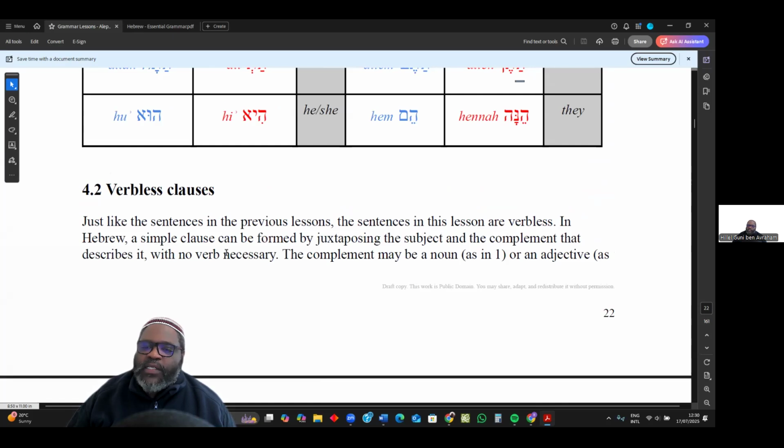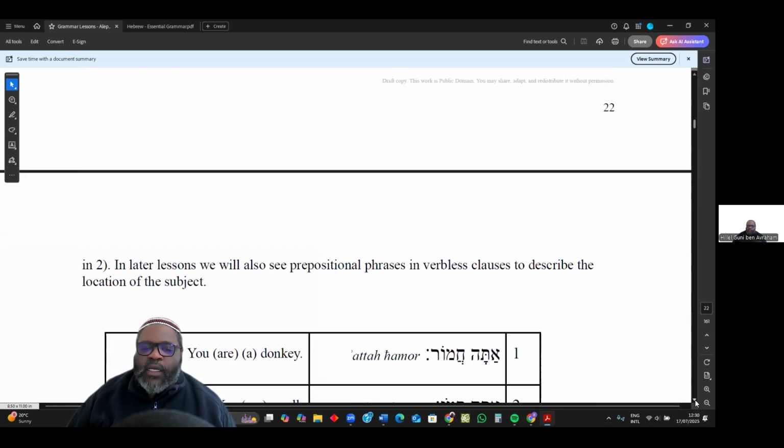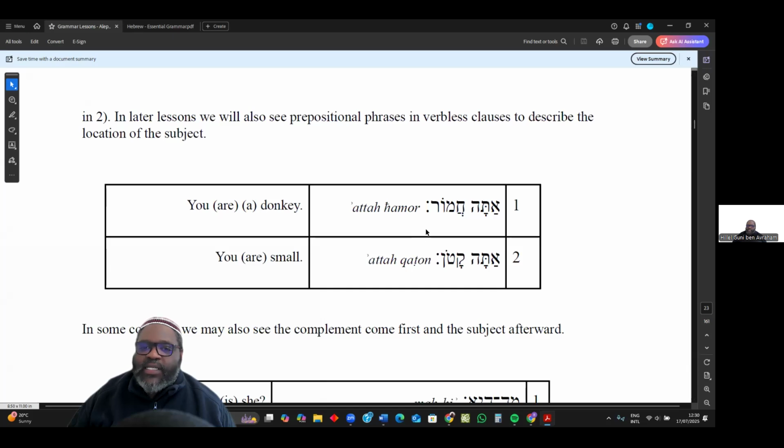In Hebrew, a simple clause can be formed by juxtaposing the subject and the complement that describes it, with no verb necessary. The complement may be a noun, as in one, or an adjective, as in two. Okay, these are now examples, 1 and 2. In later lessons, we will also see prepositional phrases in verbless clauses to describe the location of the subject. So we've got 2 examples here.